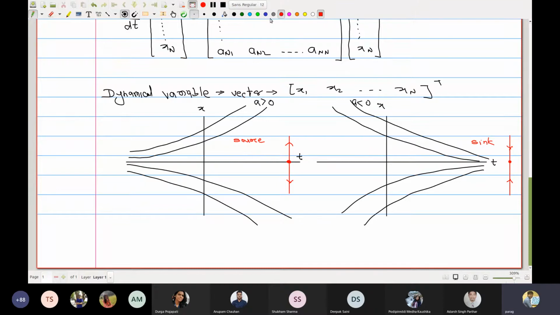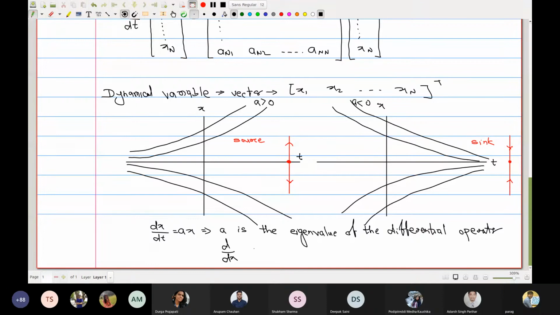And if we look at this particular equation, dx by dt equals ax, then what you find is that a is the eigenvalue of the differential operator d by dx with x as the eigenfunction.